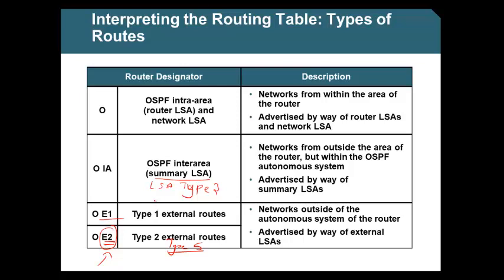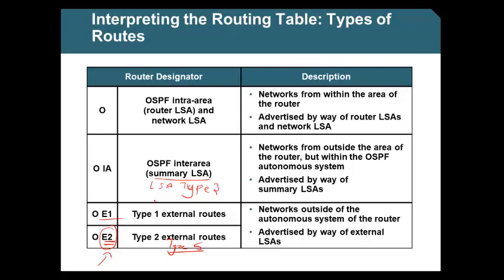So what I'm trying to show here, E2 means other autonomous system routes coming inside OSPF without the path cost getting incremented in the path.